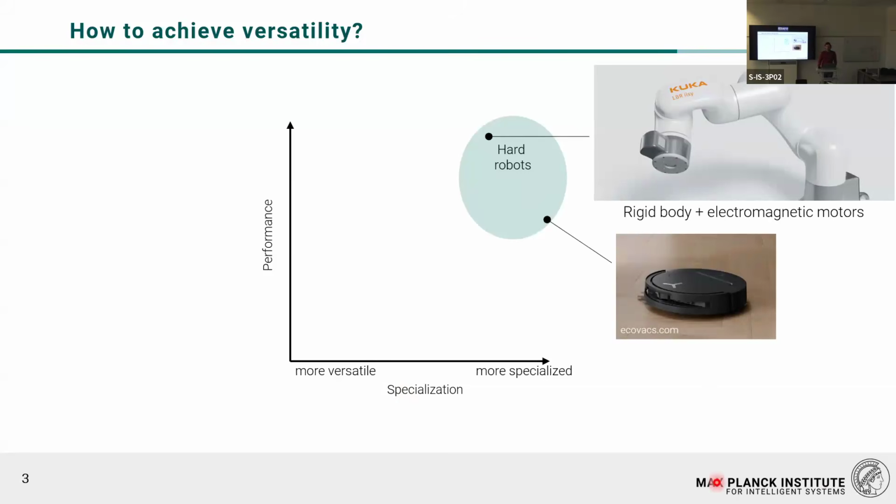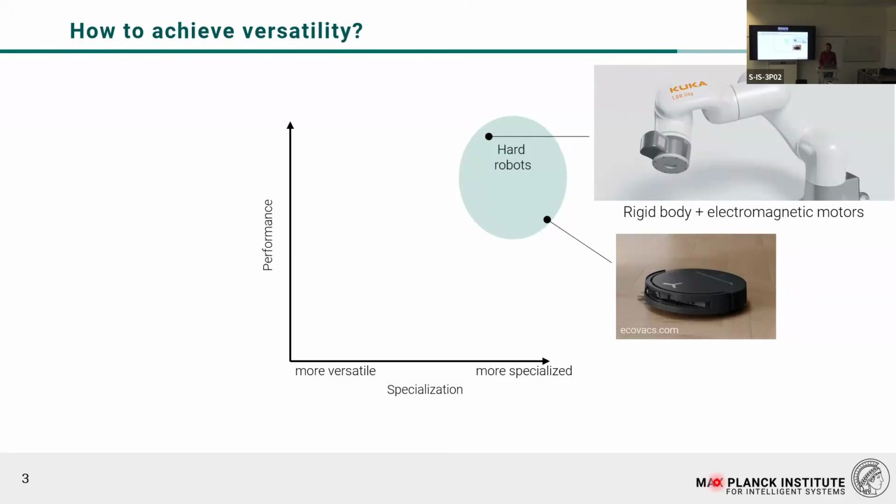Then also the vacuum cleaning robot. Performance might not be that great, but also here, it fulfills a very specialized task, cleaning the floor. I call those robots hard robots because of their physical structure. They are made of a rigid body and usually have electromagnetic motors to drive them.